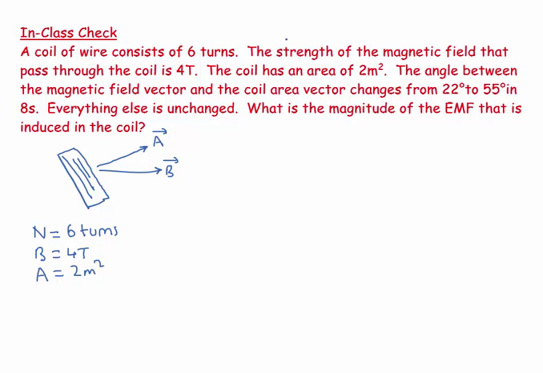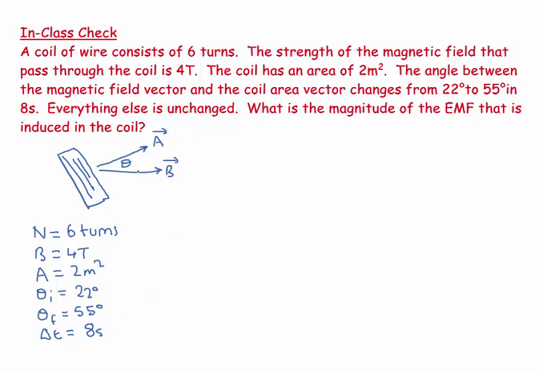And then now I have my angle. There's my angle between the magnetic field vector and the coil area vector. So my initial angle is equal to 22 degrees, and then my final angle is equal to 55 degrees, and that takes a time of 8 seconds to achieve.